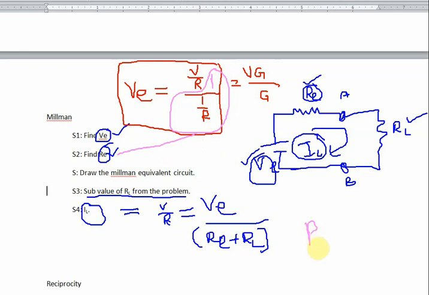RE is equal to 1 whole divided by the same terms: 1 by R plus 1 by R plus 1 by R, and so on, for however many 1 by R terms there are. That is the method to find VE and RE.